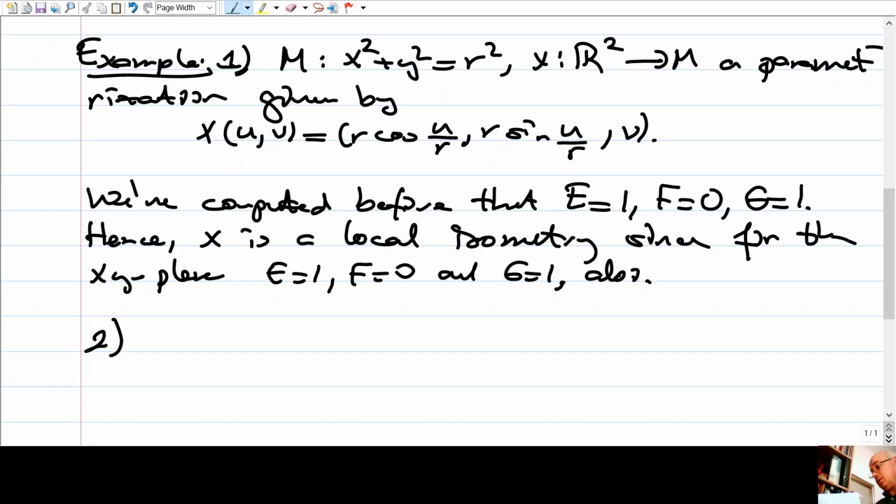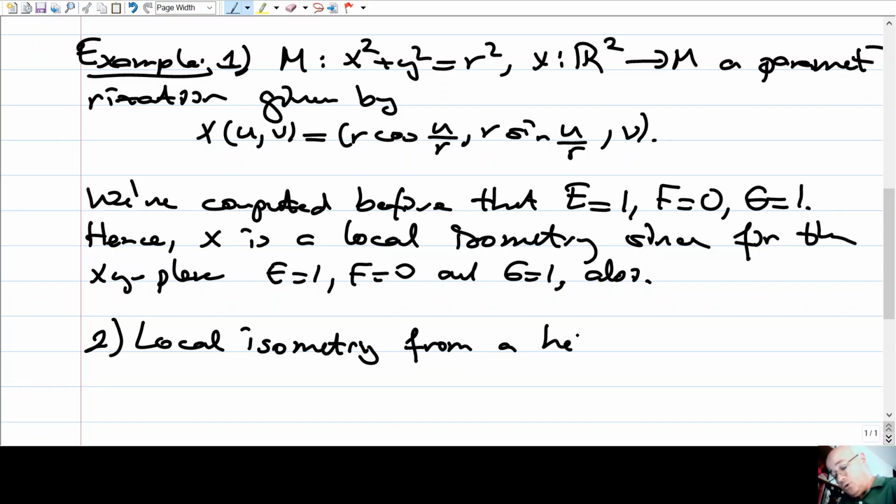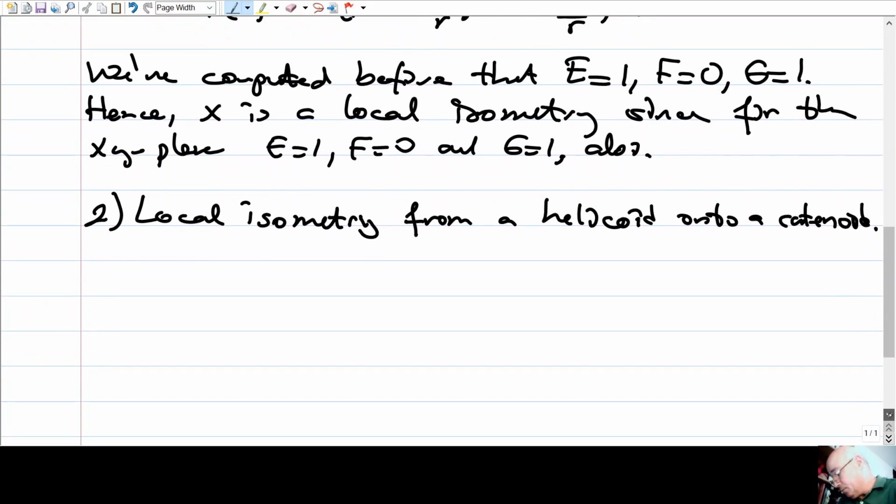Okay, another example. A local isometry from a helicoid onto a catenoid. Okay, so let's see what this is.